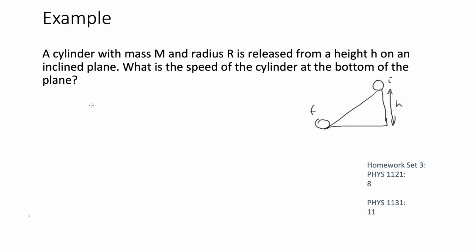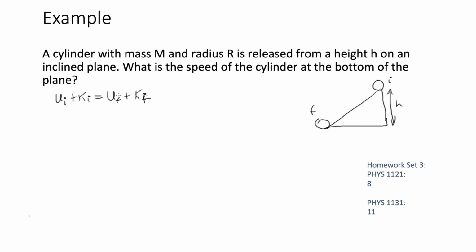So we can once again use our energy conservation because there's no non-conservative forces doing work in this case. It's rolling down the plane, so there is friction, but the friction's not actually doing work because it's not sliding down the plane. So we have that the initial potential energy plus the initial kinetic energy is equal to the final potential energy plus the final kinetic energy.